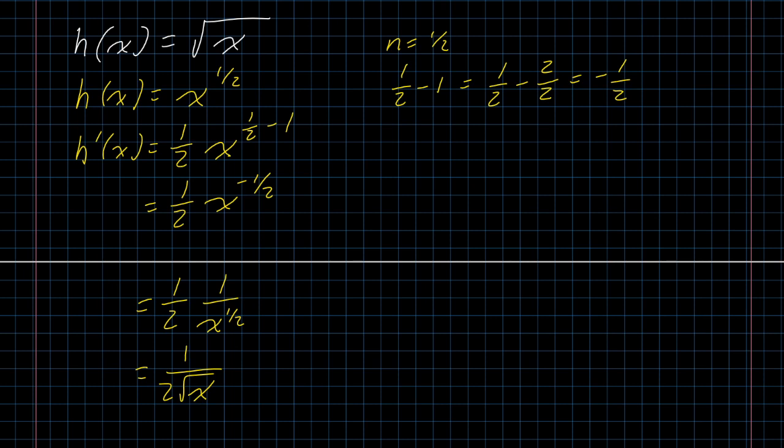Related to that one, I don't have enough space. Let's get some clear space. How about k of x is 1 over x cubed? We were just talking about the negative powers rule, and that's what I'll use here to rewrite that k of x is x to the negative 3 power.